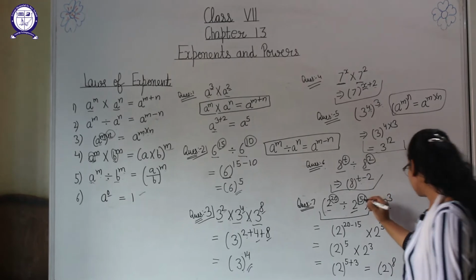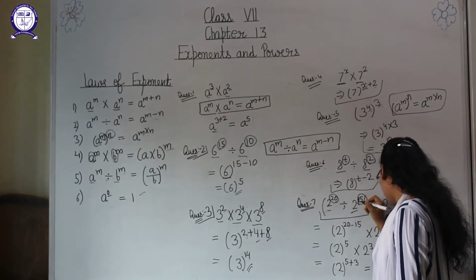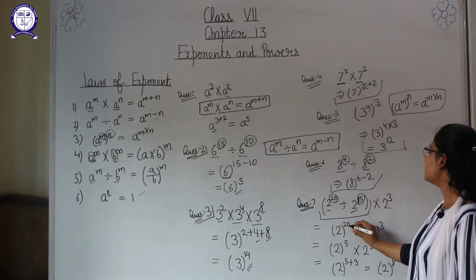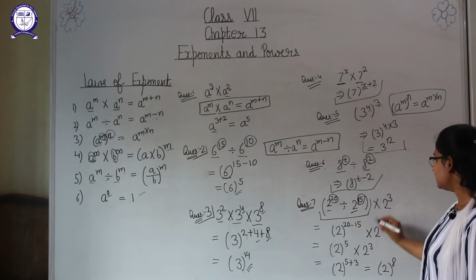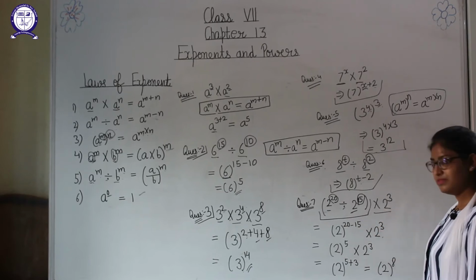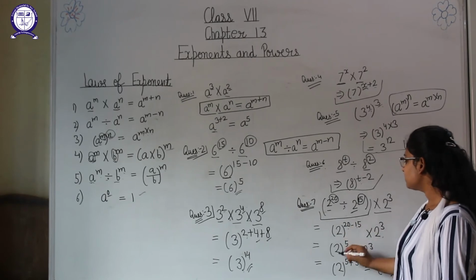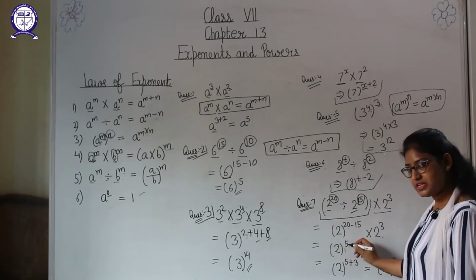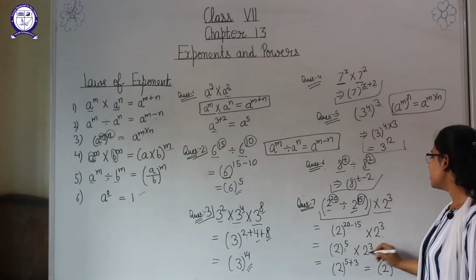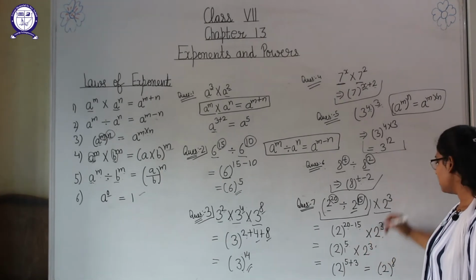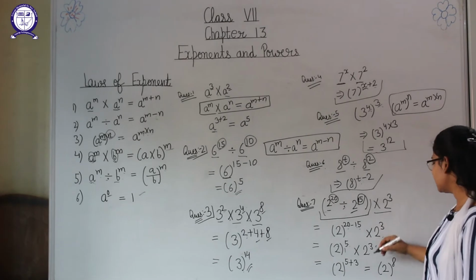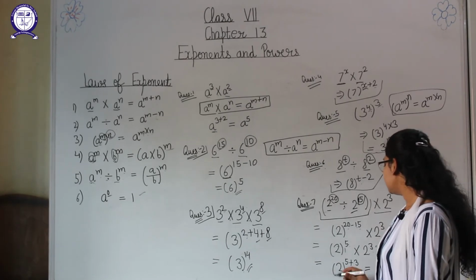So we will subtract the powers. So 2 raised to the power 20 minus 15, and the multiplication by 2 raised to the power 3 will be as it is. Now 20 minus 15 gives us 5, so 2 raised to the power 5 is our answer by solving this, and into 2 raised to the power 3 we will write as it is here.